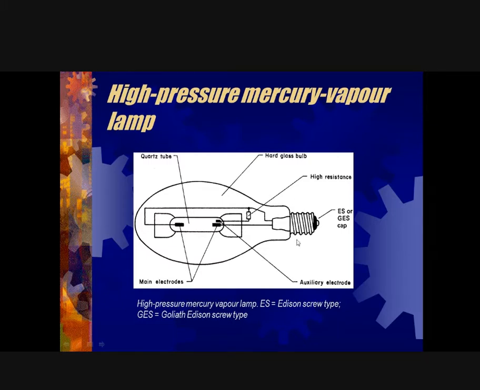It's a very large tube, and hence to hold the weight of the bulb and what is on the inside parts, they have to increase the size of the Edison cap, right? So it will not fit in your regular outlets or broad-based receptacle outlets. Rather, it will fit in your dusk till dawn light. So your dusk till dawn light will have a Goliath type Edison screw, right?